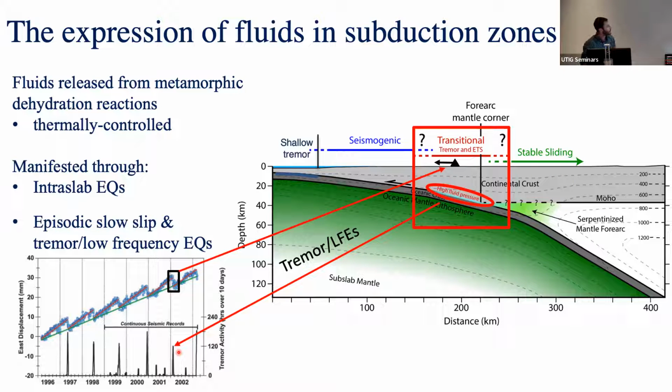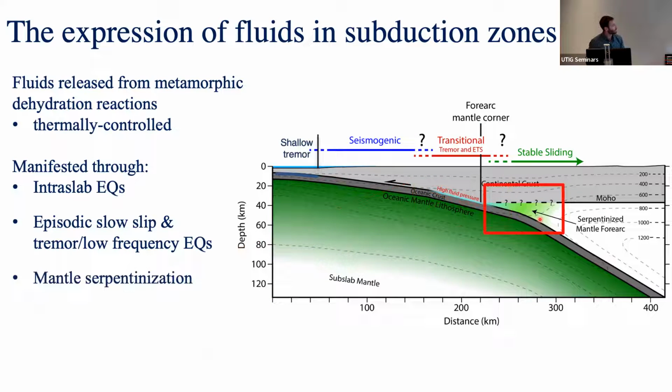Again, a very similar mechanism for generating them, we think: the buildup of very high pore fluid pressures beneath an impermeable plate boundary, which eventually reaches some critical pressure that allows for this transitional slip behavior between the locked portion of our plate interface, further up dip, and the stable sliding zone, further down dip.